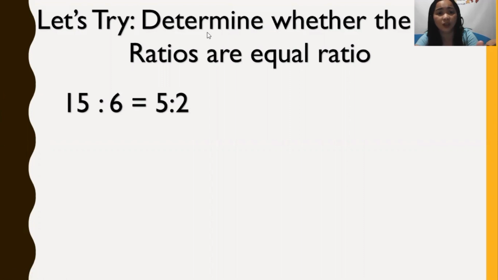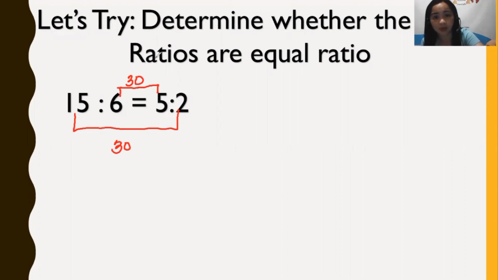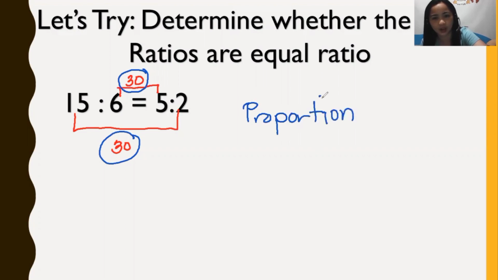To determine whether they are a proportion, we must get the product of the extremes and the means. If their products are the same, therefore they are a proportion. Let's get first the product of the extremes. We have 15 times 2 is 30. And the product of the means, we have 5 times 6 is also 30. So we have the same product here. They are both 30. Therefore, this given is a proportion. The two ratios are equal.